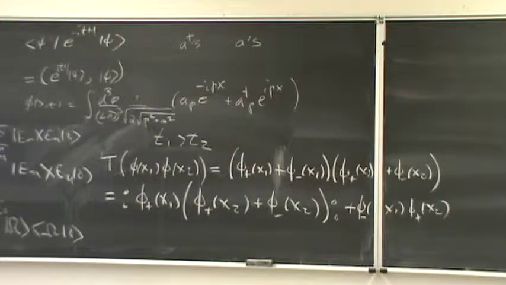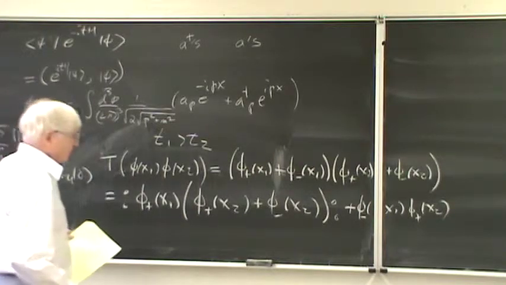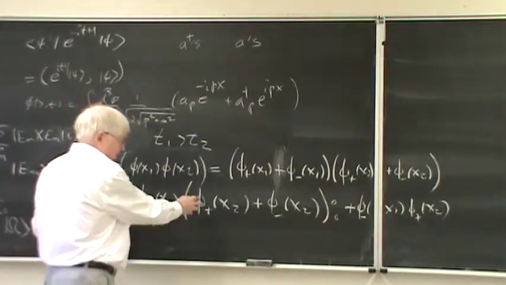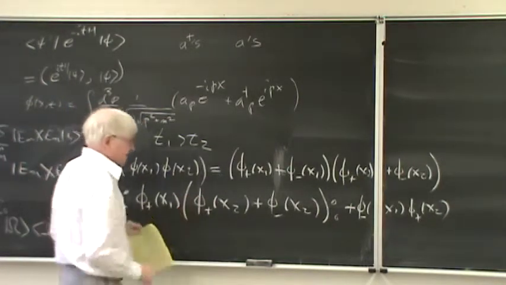Now what we can do though is we can say, well, how would we normal order this? How would we get normal ordering of the two fields here?